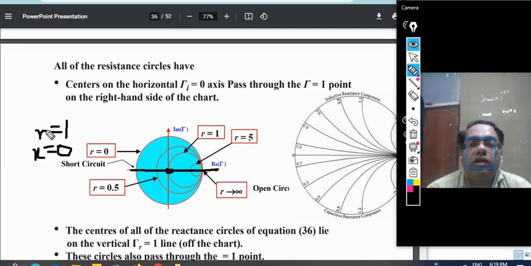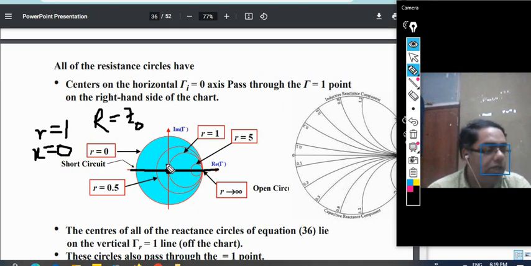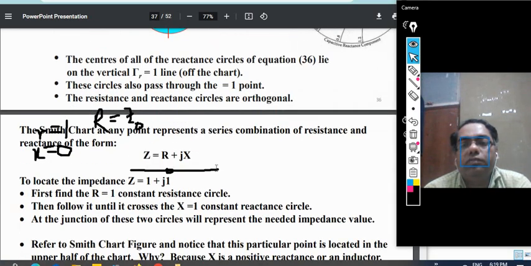What does this mean? Small r equal to 1 means R is Z0, which is the characteristic impedance of the line, and X is 0. That means the center point indicates the characteristic impedance of the line. So this is an important point to be noted.